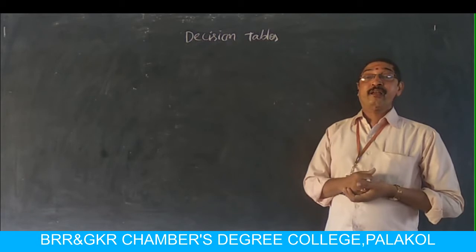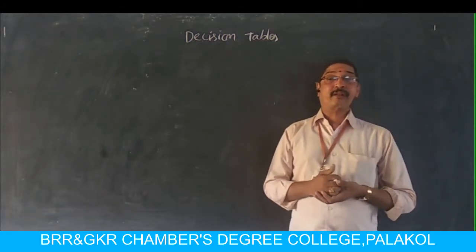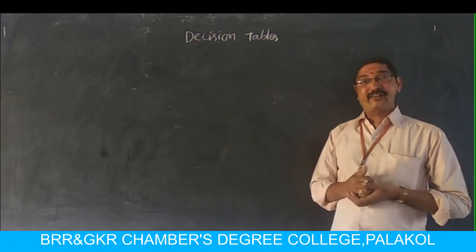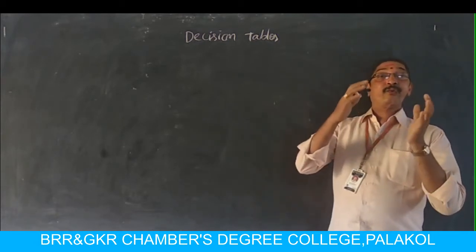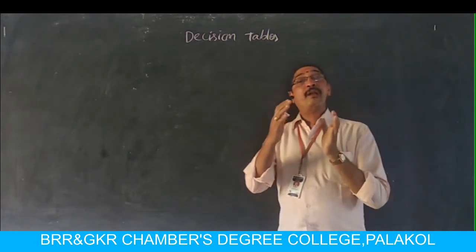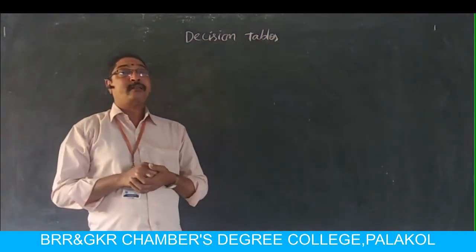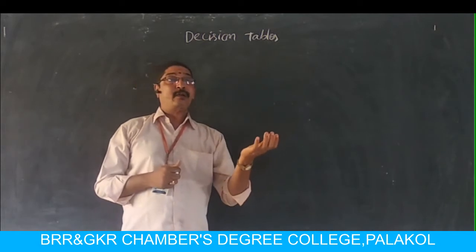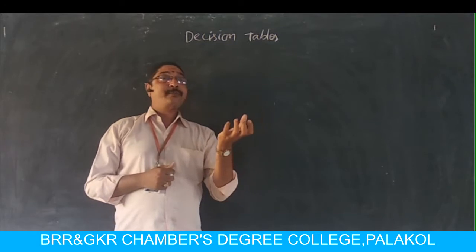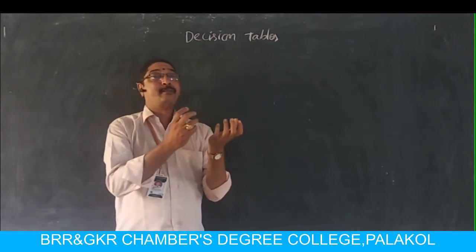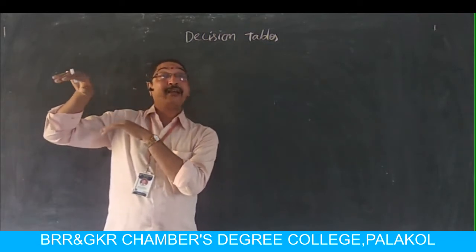And next one is these decision tables work iteratively. What is meant by iteration? Iteration means repeatedly. Means the output of one table can be used as input for another decision table. Suppose I have taken a decision table at the lowest level. By observing that table, I will get some output. This output can be used as input for another decision table.